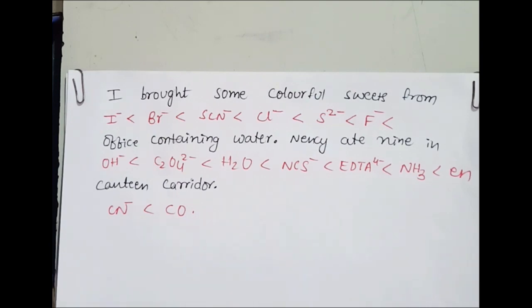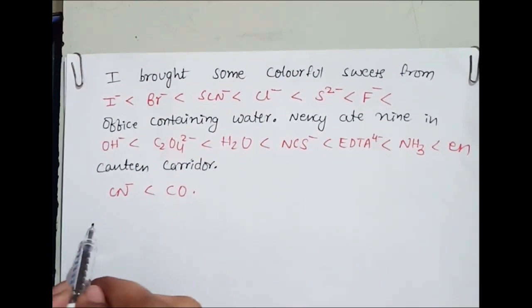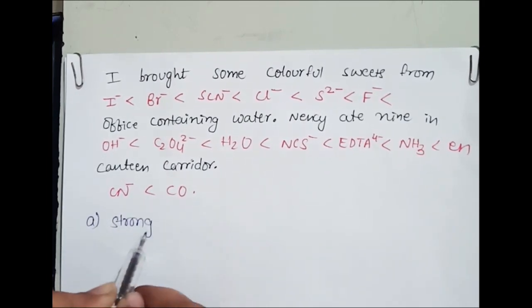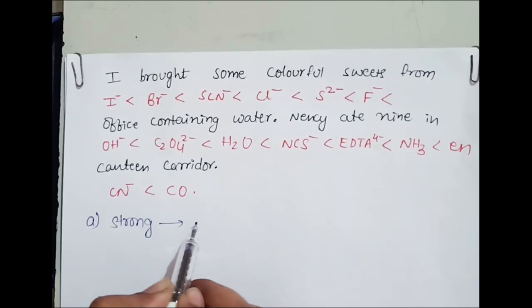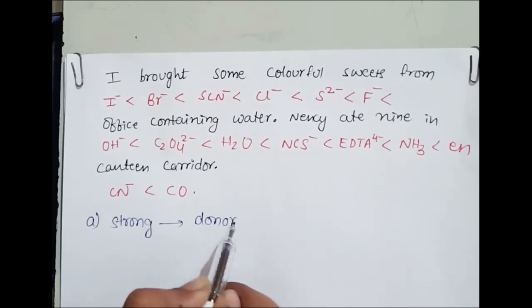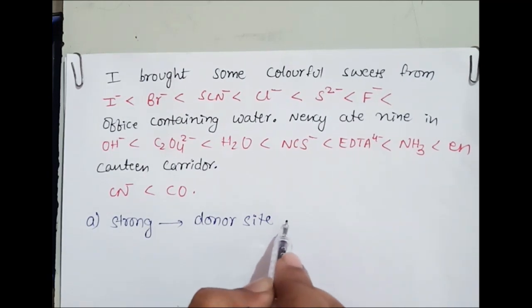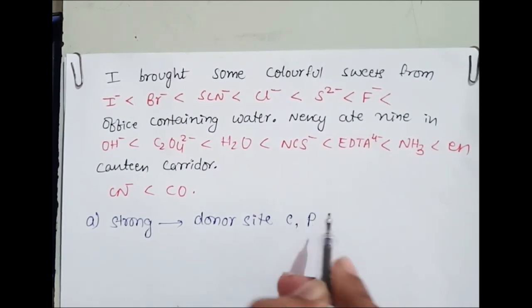Got it? Now you can also remember like this, what is a strong ligand and weak ligand. Strong ligands are those having a donor site of either carbon or phosphorus.